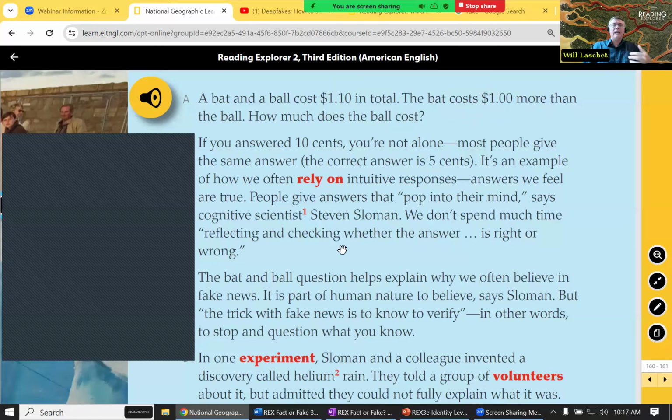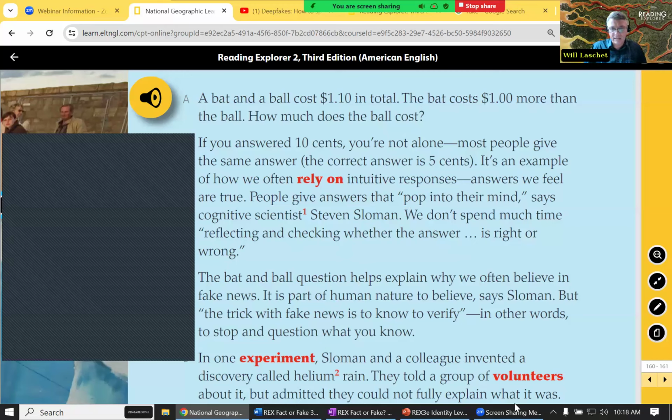Okay. Now, how is that related to fake news? Well, the reason it's related to fake news is that our brains like to get a simple answer. We rely on, it says here, intuitive responses. So this word intuition means a feeling. If it feels right, if it looks right, we're going to believe it.